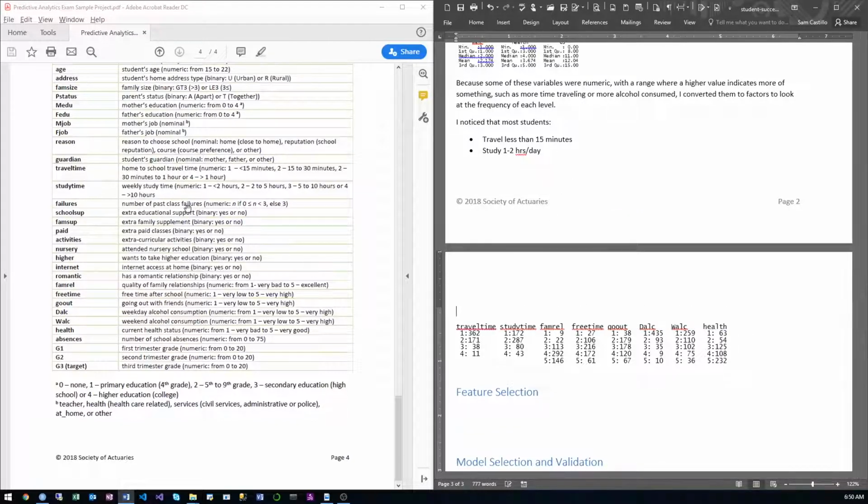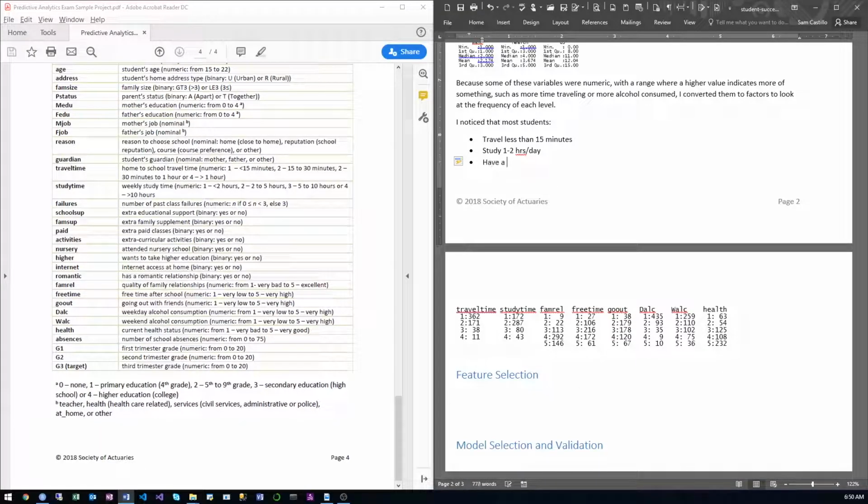Quality of family relationships. Very bad is 1. Most have a family relation status of 4 out of 5.